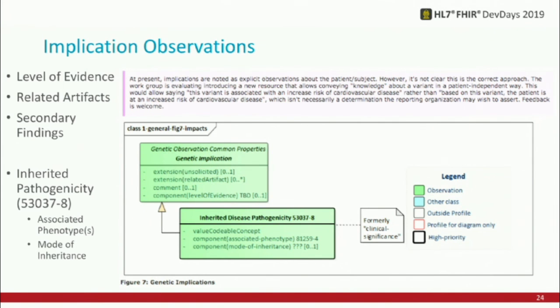There's a big question here, and we're looking for more guidance from FHIR in the future. If these clinical implications should be done as observations, as how we've done it now. So they are patient and specimen specific. There's an opportunity for these to be definitional, for them to be based off of a certain knowledge base of these things, because these things tend to not change that much.